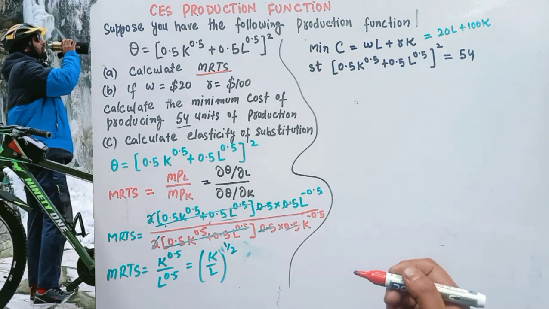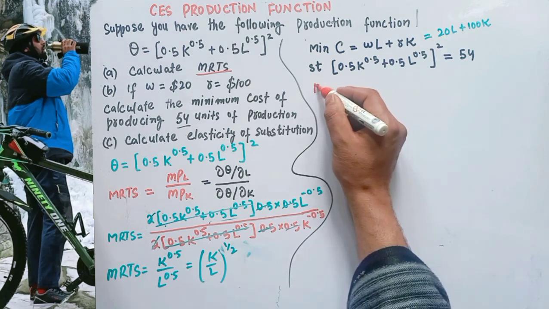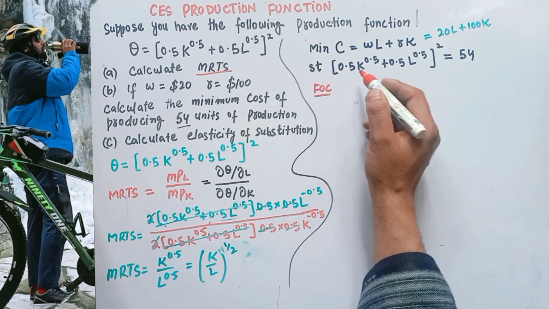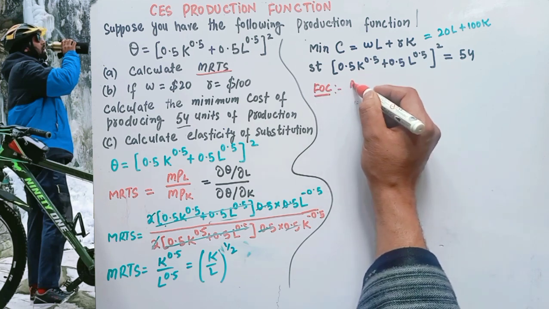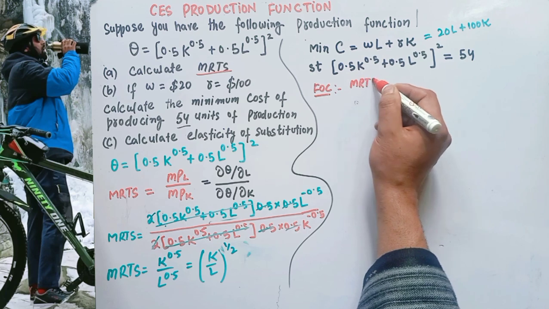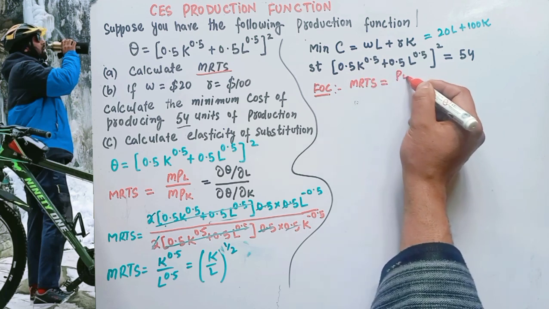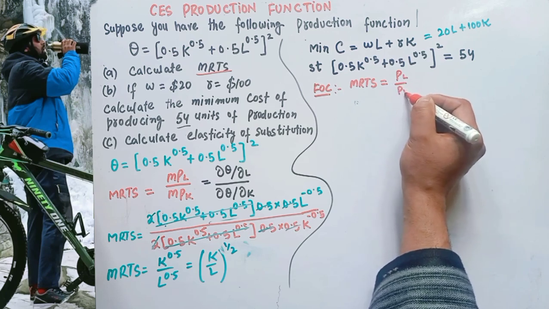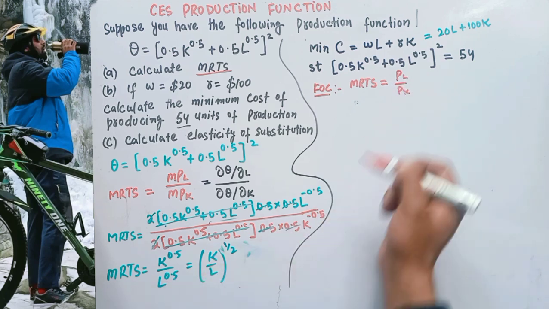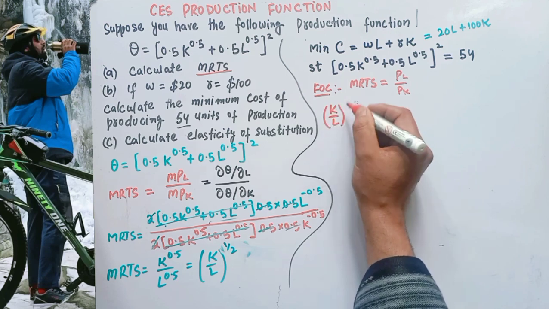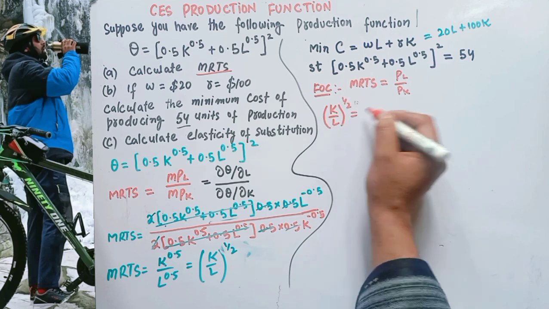Let's use the tangency condition for simplicity. The first order condition for optimization requires that our marginal rate of technical substitution should be equal to the price of labor upon the price of capital. The MRTS we calculated came out to be (K/L)^(1/2).